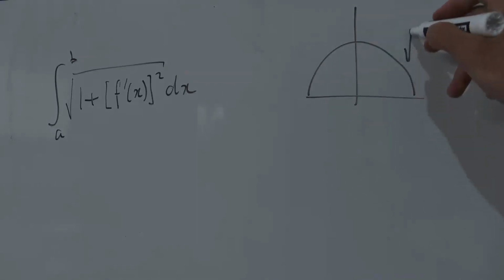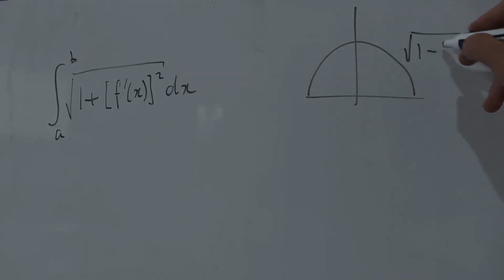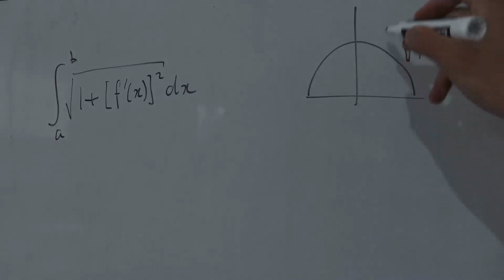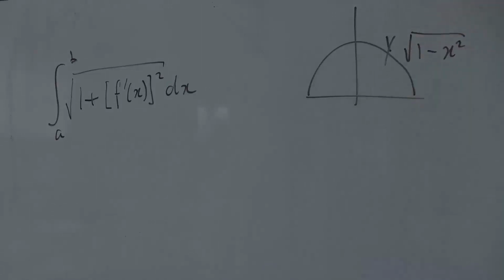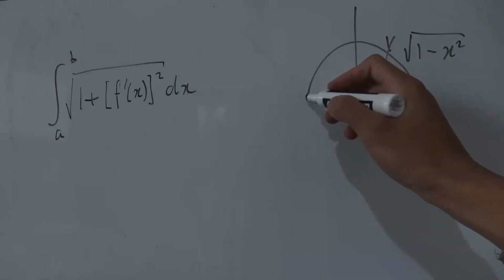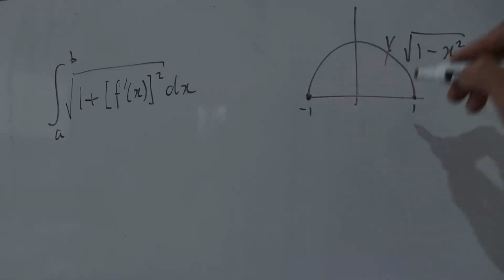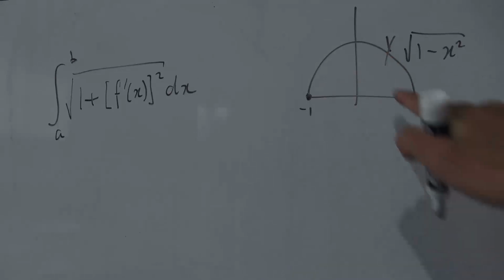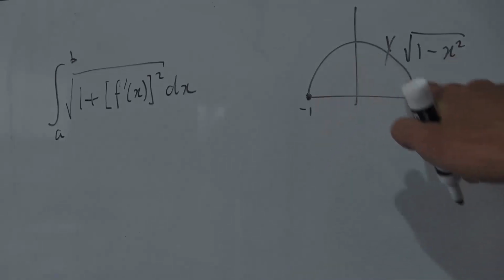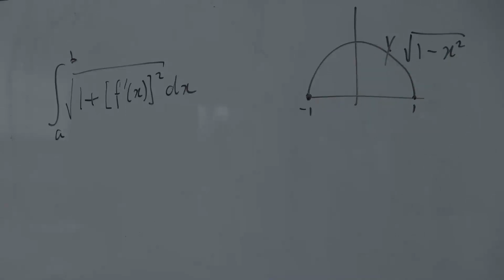This function is square root of 1 minus x squared, so y equals that. We want to find the arc length from -1 to 1. And of course you can just use your circumference formula for a circle to find it. So this would be exactly pi. But we want to use our arc length formula here.